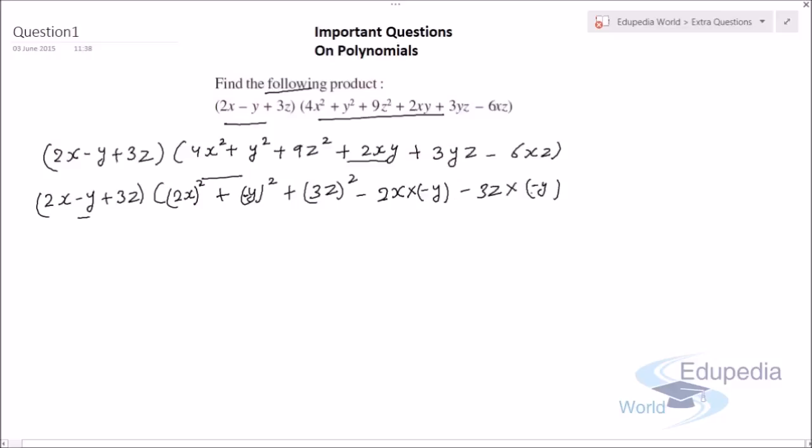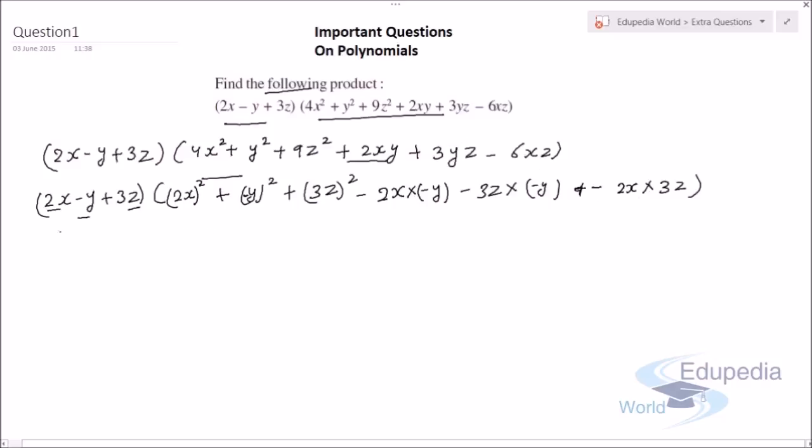Again minus minus plus, so it finally makes plus 3yz. Then we can write minus 2x into 3z. Why? Because here both 2x and 3z are positive, so we write it like this.